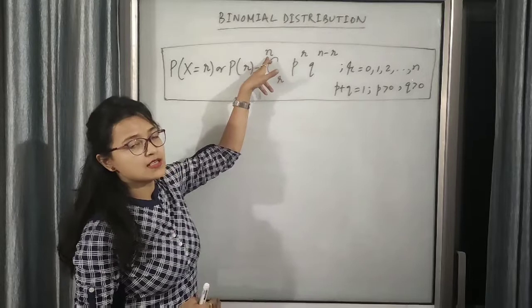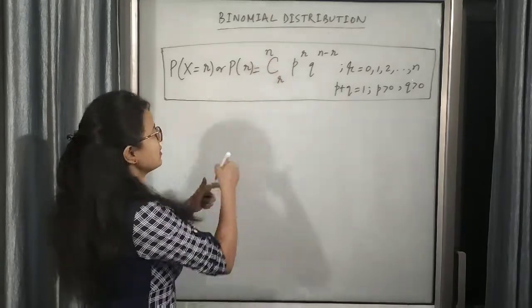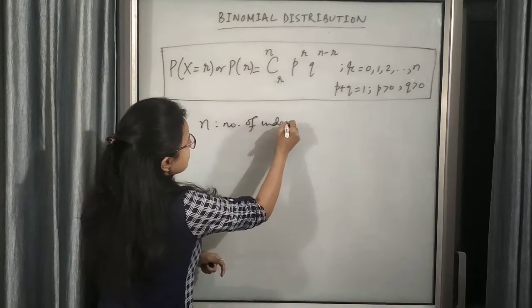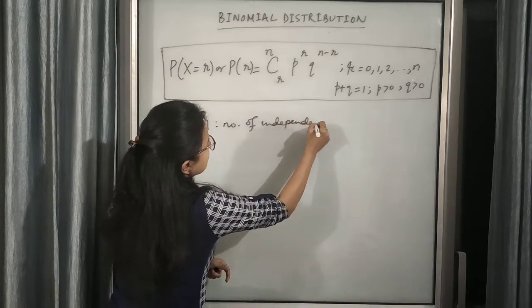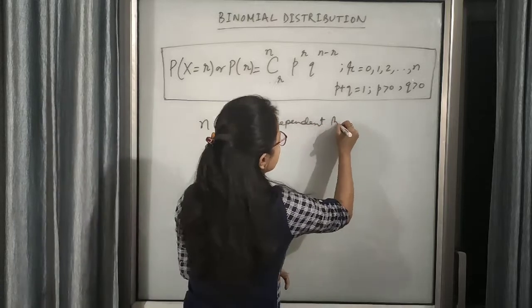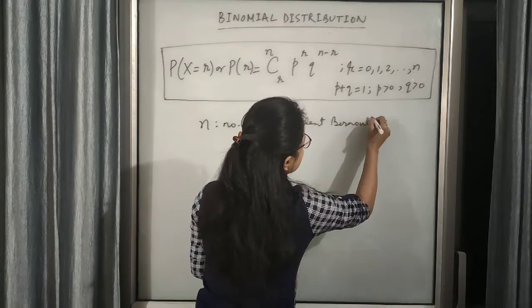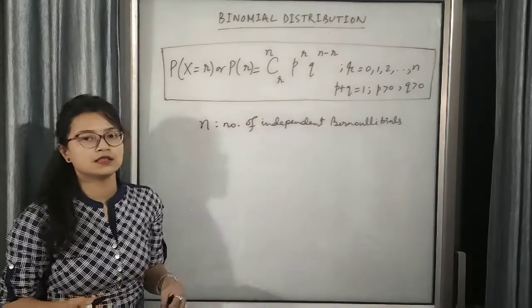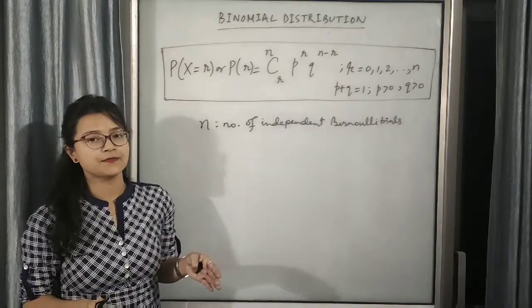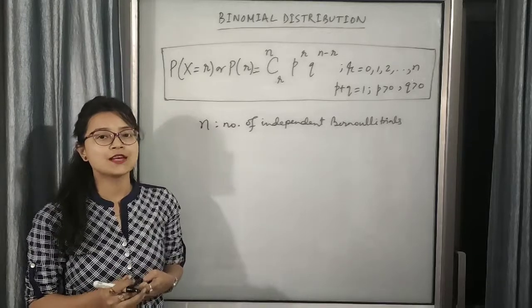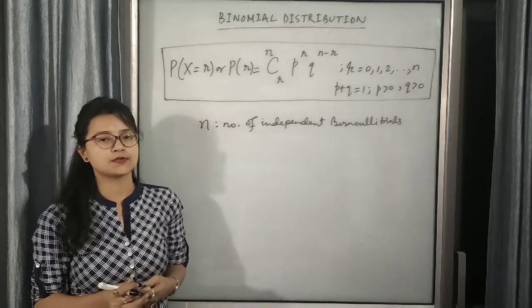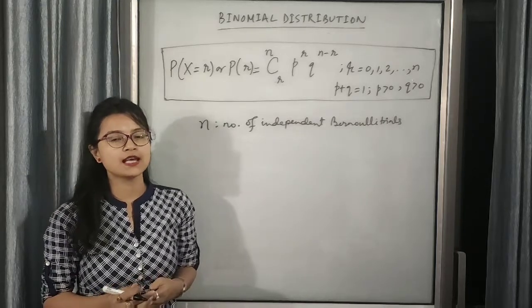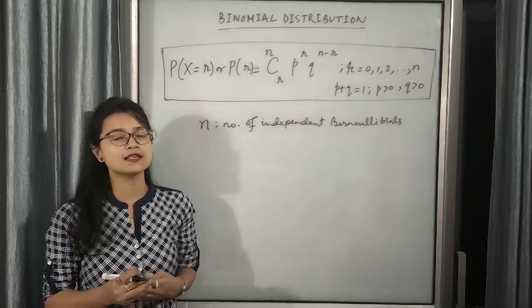Here n means the number of independent Bernoulli trials. The meaning of Bernoulli trials is the trials which give exactly two outcomes. For example, when we toss a coin, we always get exactly two outcomes, head and tail.